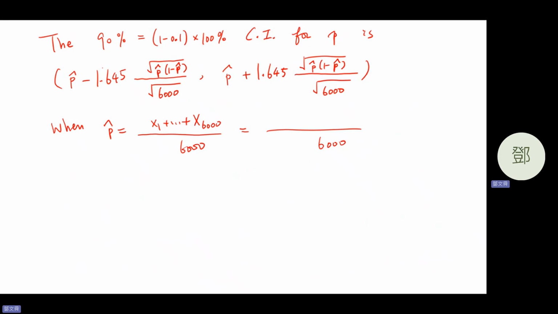How many of them prefer to take a ride in a fully self-driving car? How many of them? 58% of them. 58. It is 3,480.